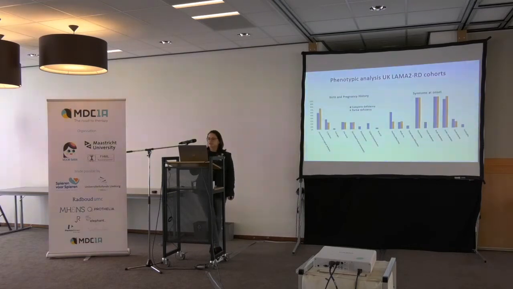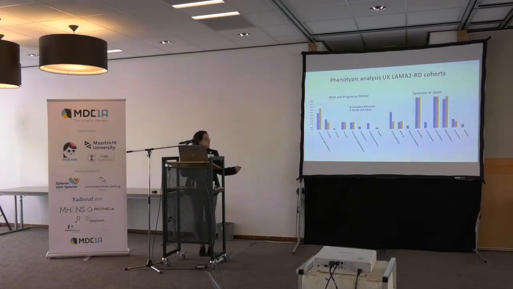This condition probably starts in utero, so it was also interesting to look at the symptoms before the children are born. Could we give any idea of genotype-phenotype correlation before birth? What is the birth history, and what is the difference between complete and partial deficiency?